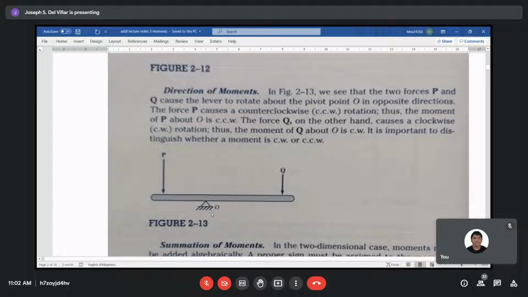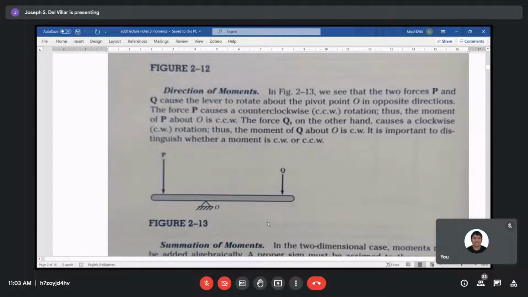So that is the pivot point. So we have here the two forces, i-equate nyo lang. Q times OQ is equal to P times OP. Okay, so that's the equation to be used. The moment on the left must be equal to the moment at the right.